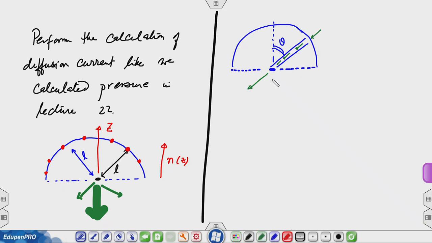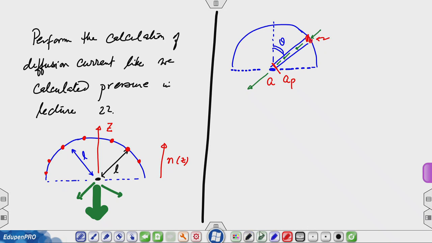Let this area be A, and the projection of the area perpendicular to the direction of particles coming, let this be A projection. All the information that is coming is from this point. So the density we'll consider will be at this point for particles coming from this side.